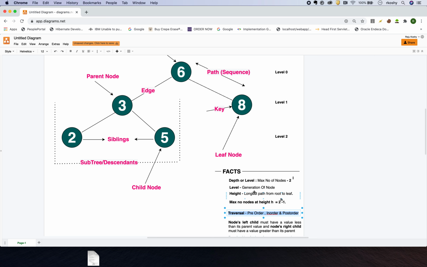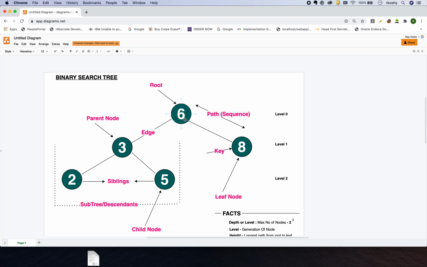So pre-order means you should first visit the root, then go to the left, and then go to the right. Root, left, and right. Pre means you should do something before, right? So you visit the root first, and then left, and then right.